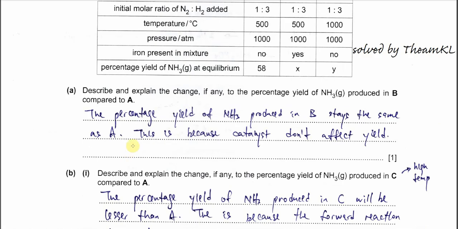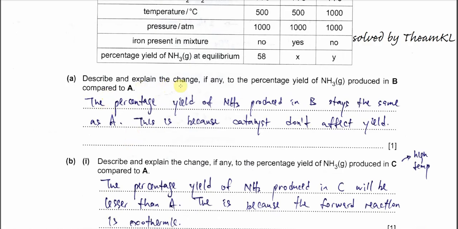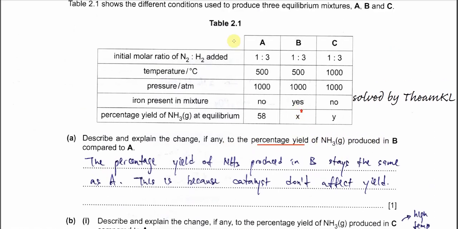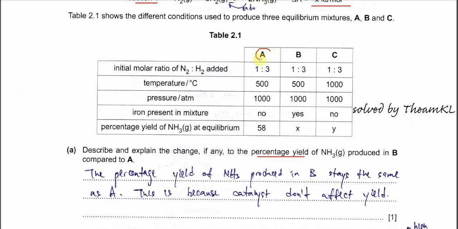Part A. Describe and explain the change, if any, to the percentage yield of ammonia produced in B compared to A. Now we just compare B and A, these two. So just try to get their difference. Everything is the same except this one.